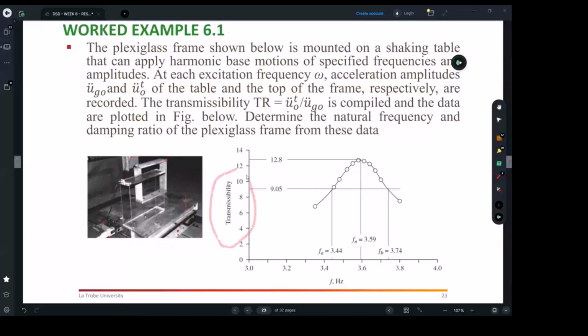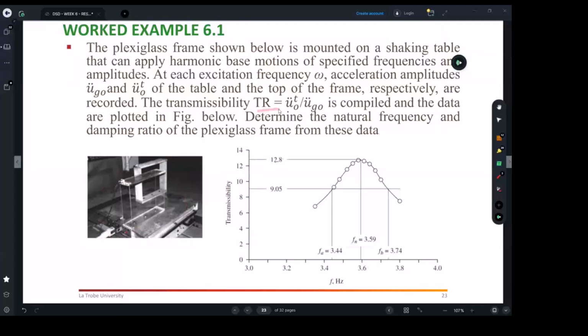Transmissibility is basically taken as the ratio between the frame acceleration and the acceleration at the ground. So it is the ratio between the acceleration at this level and the acceleration at the connection level, or the base of the frame, which can also be related to the RD or RA values.